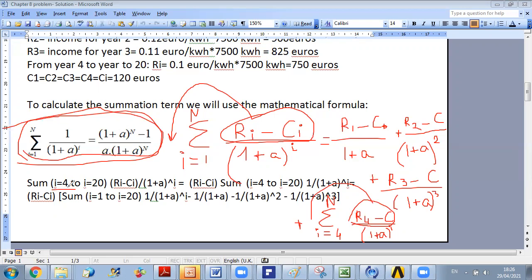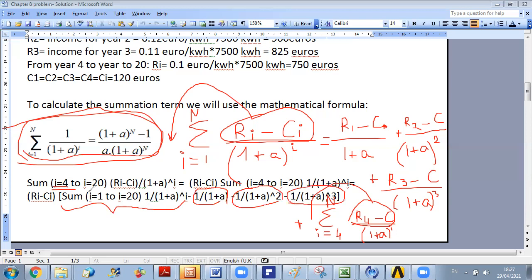So how can I go around this? I can replace this summation by doing the summation from 1 to 20 and then subtracting the 3 first terms. If you do the summation from 1 to n, you will have 3 additional terms, which are 1 over (1 plus a) plus 1 over (1 plus a) squared plus 1 over (1 plus a) cubed.